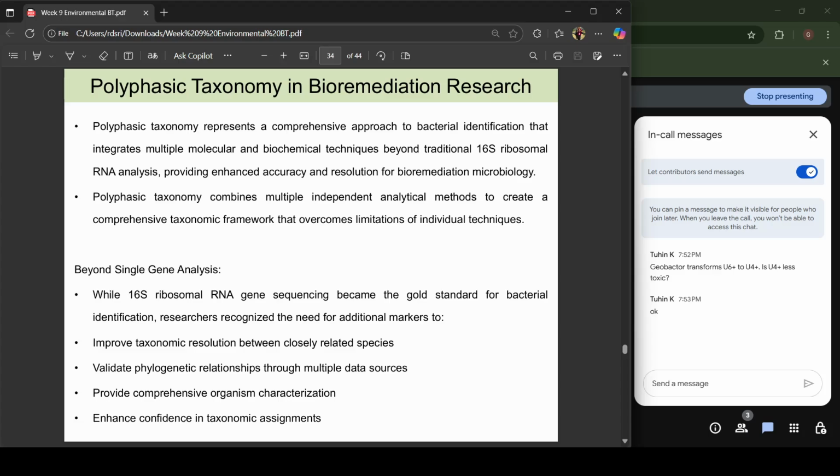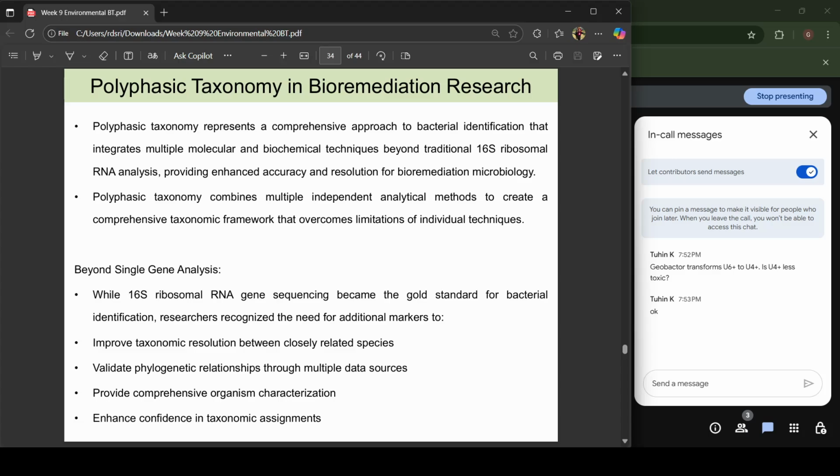So next we will see about the polyphasic taxonomy in bioremediation research. Polyphasic taxonomy represents a comprehensive approach for bacterial identification, and integrates molecular and biochemical techniques, apart from 16S rRNA analysis. So this gives us more accurate and highly resolved information for bioremediation microbiology.